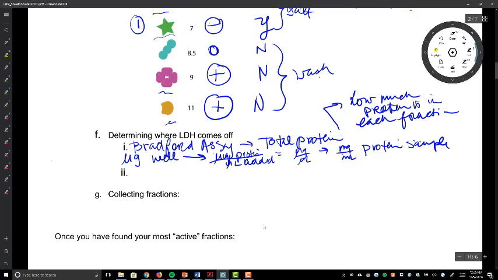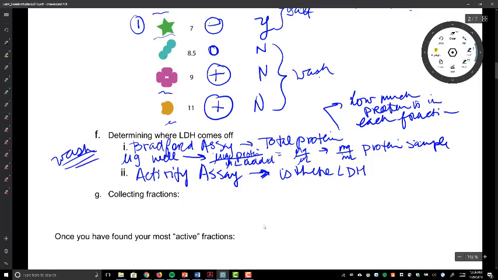This is going to be especially important at your wash step, because whether or not you're seeing protein, and if that concentration starts to taper off, is going to tell you whether or not it's time to continue on to the next step, which would be the salt gradient. So if the Bradford tells us whether or not there's protein, the LDH activity assay, which is similar to what you performed last week and the week before, is going to tell us if the protein that we see in our fractions is that LDH.